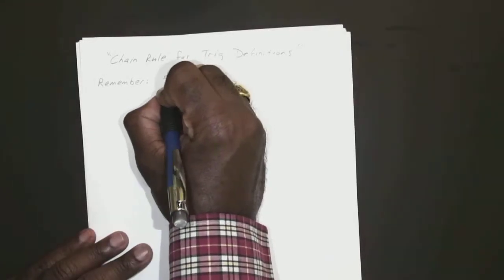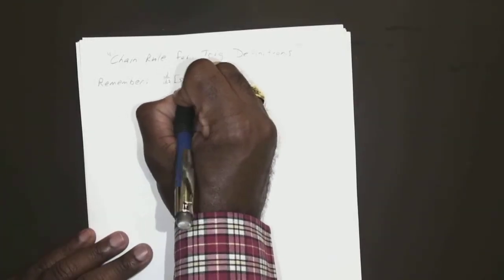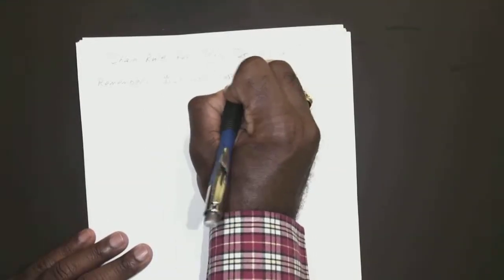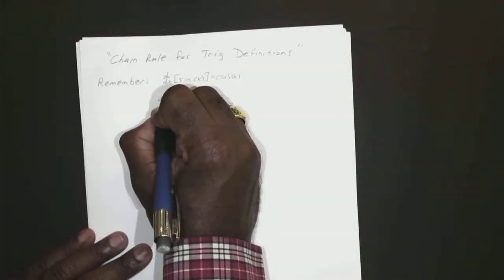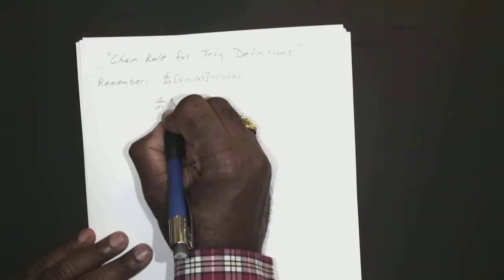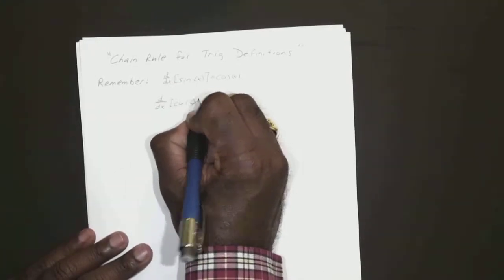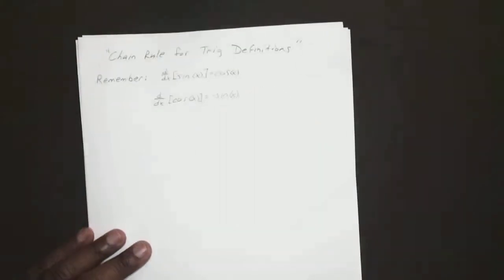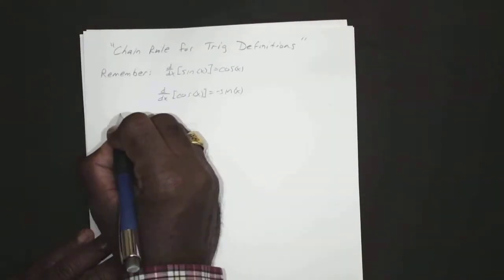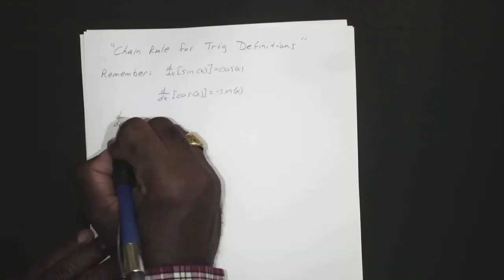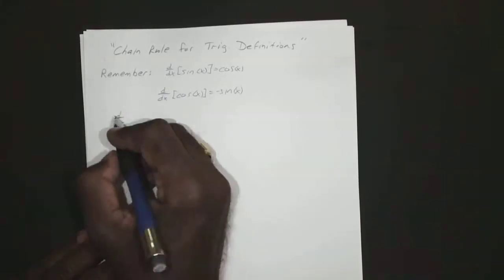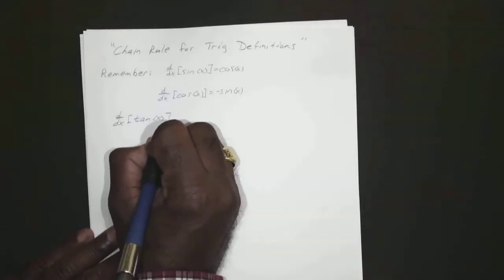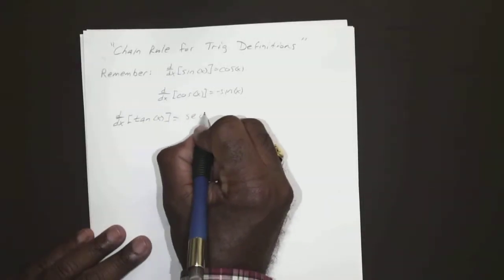Okay, so we know the derivative of sine is cosine. The derivative of cosine is negative sine. I'll move that over. I don't know why I didn't start over there in the first place. Derivative of tangent is secant squared.